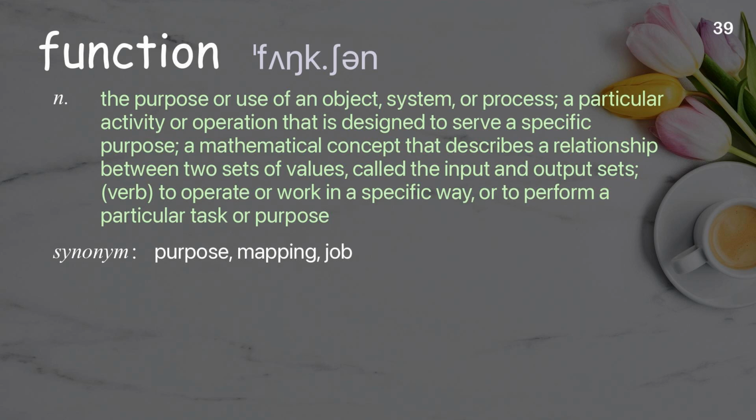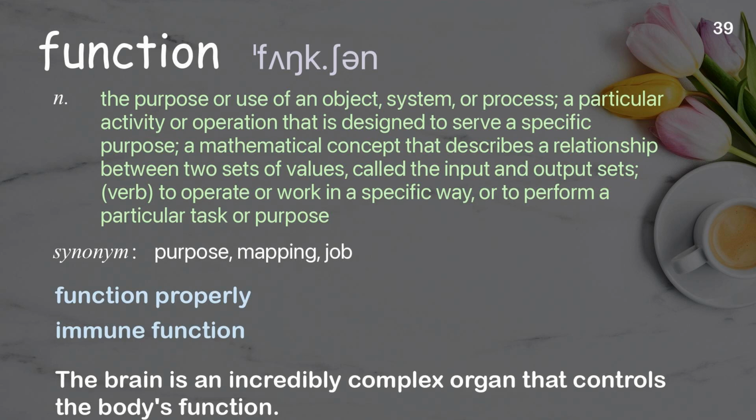Verb, to operate or work in a specific way, or to perform a particular task or purpose. Examples: function properly, immune function. The brain is an incredibly complex organ that controls the body's function.